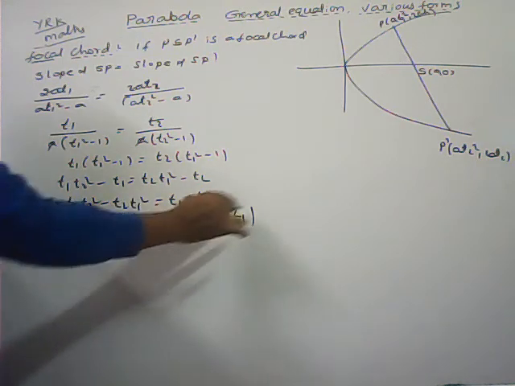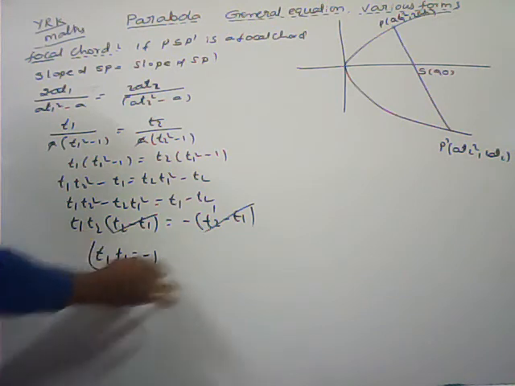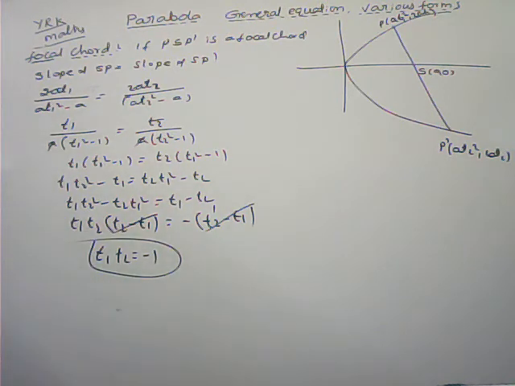Now these gets cancelled, so t1t2 = -1. So if PSP' is a focal chord, then t1t2 = -1.